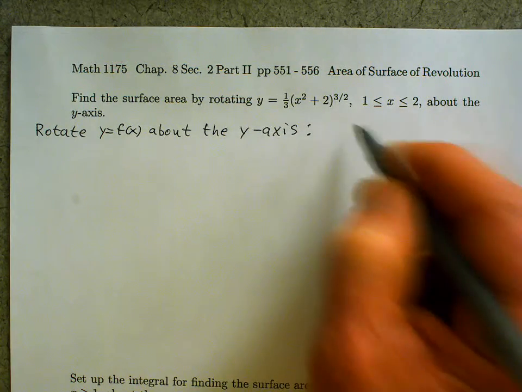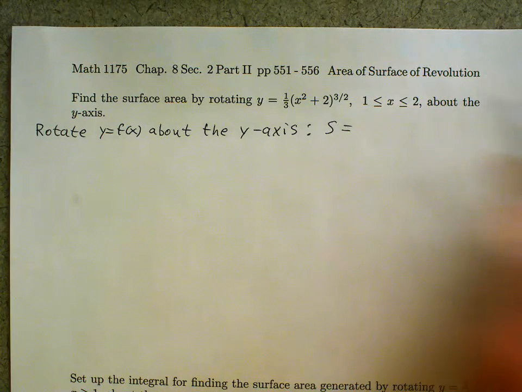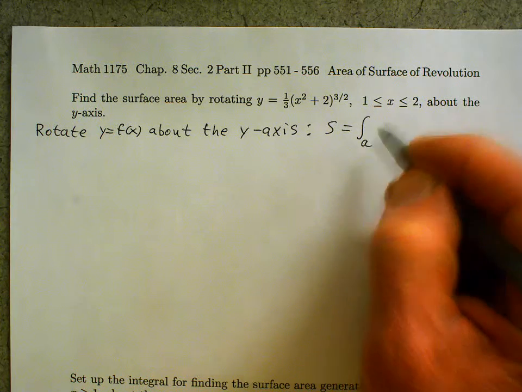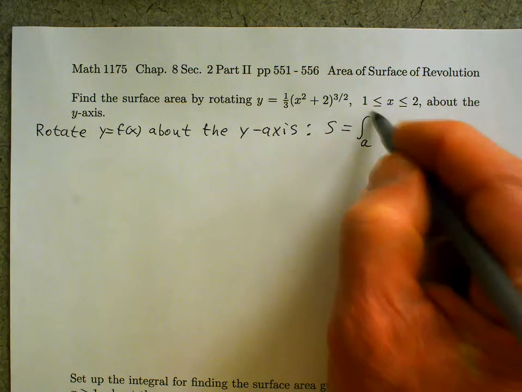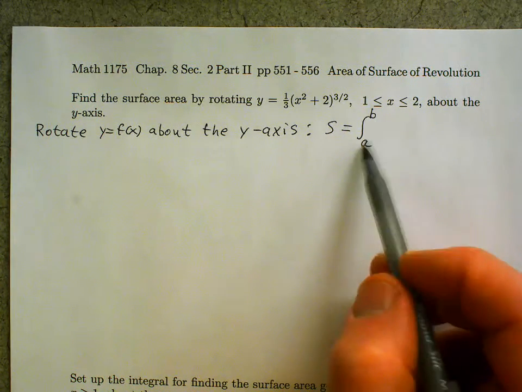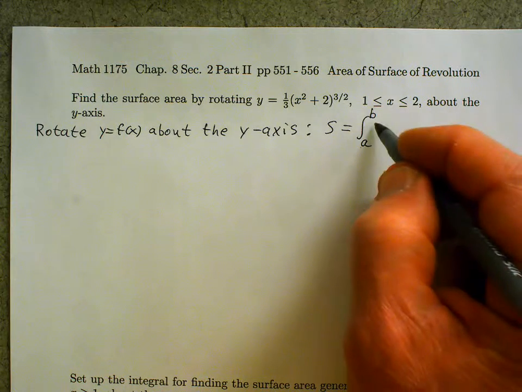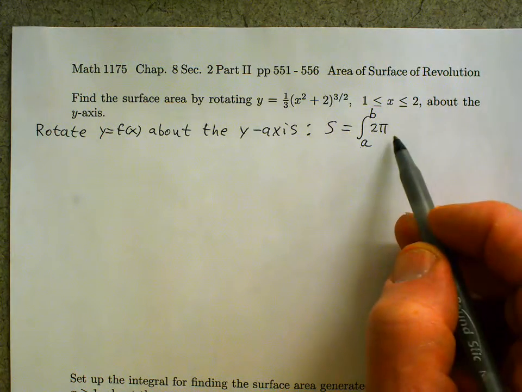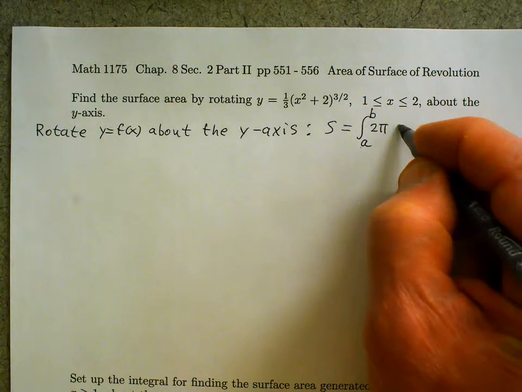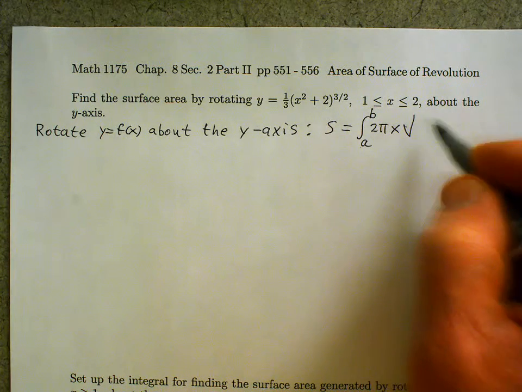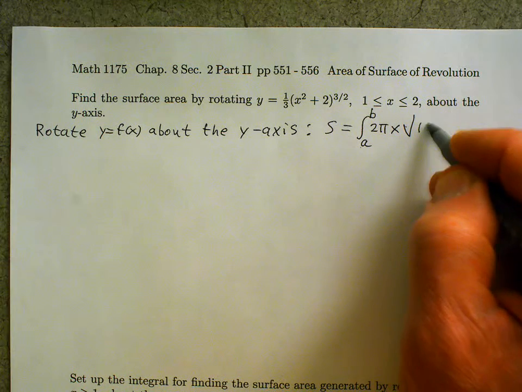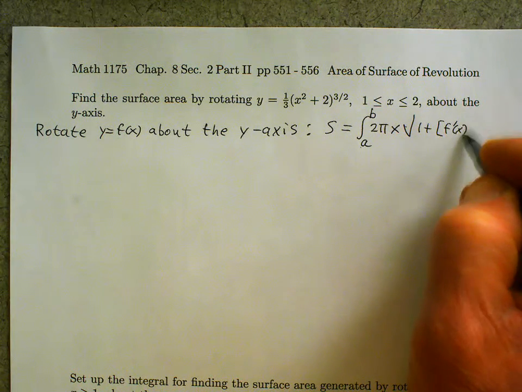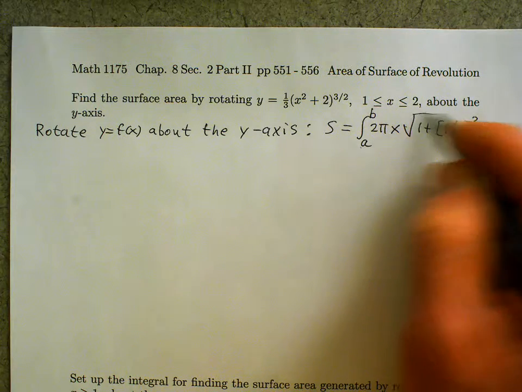The surface area formula from x equals a to b, so the limits of integration are x values, and 2 pi, but instead of f of x, it's x, and then times the square root of 1 plus the square of f prime of x dx.